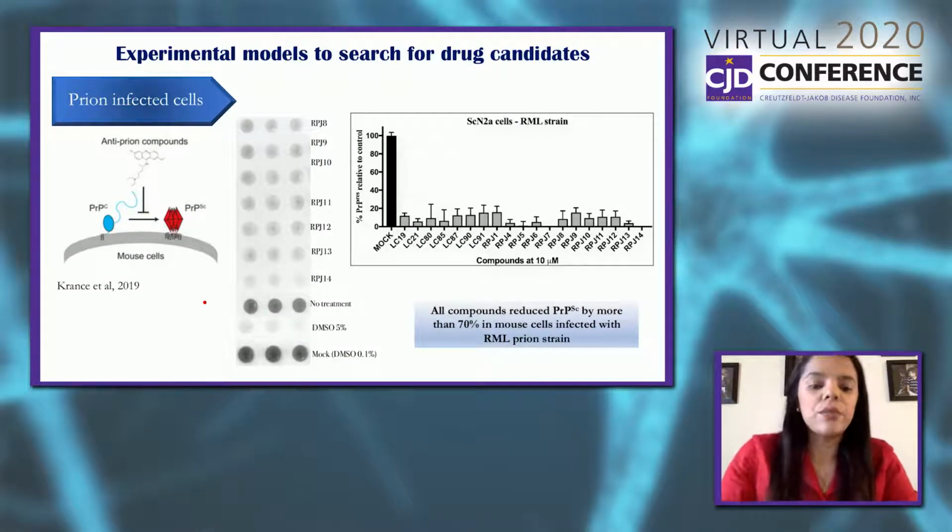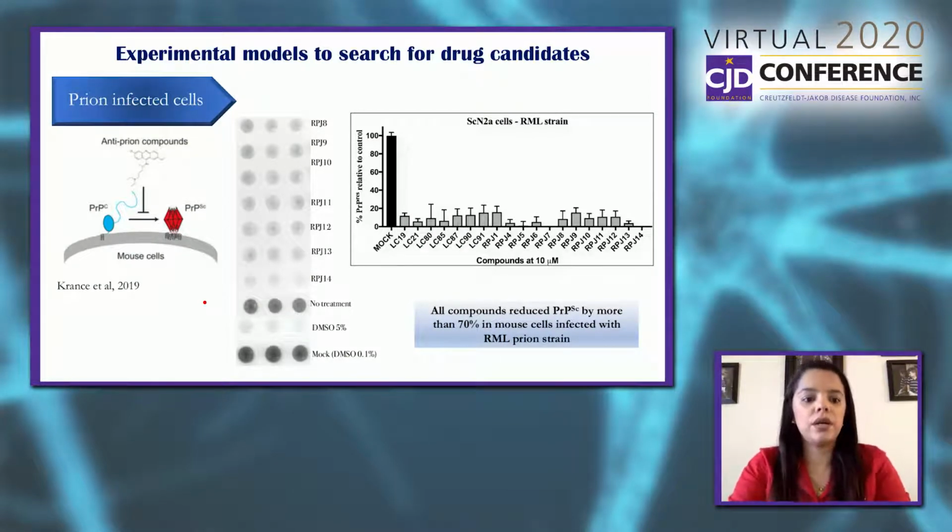So the first model I used are the prion-infected cells. These cells are derived from a mouse tumor, and this is why they are able to grow indefinitely in a dish, and they are infected with prions.